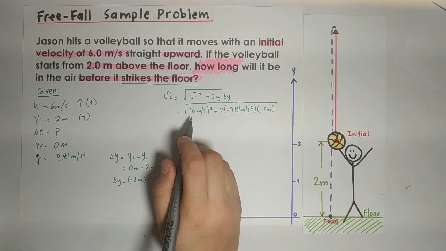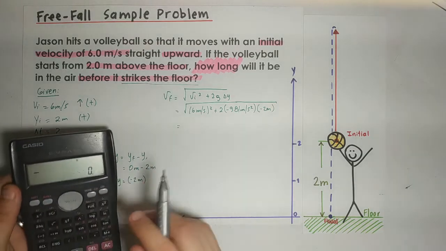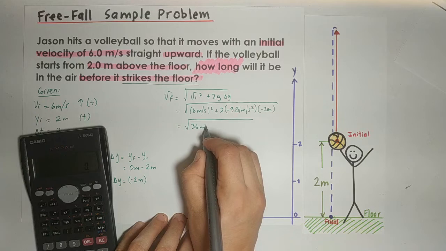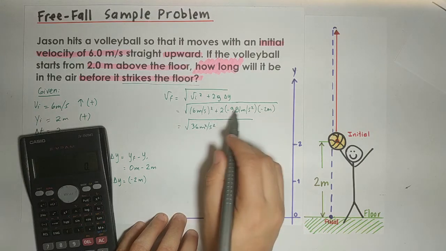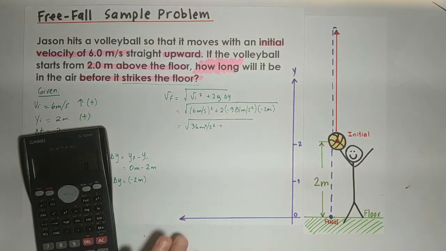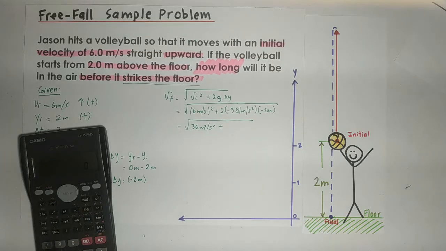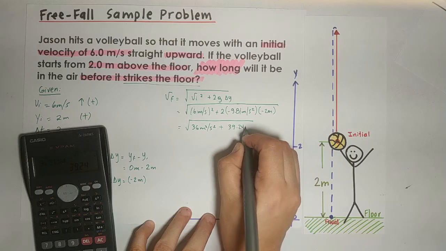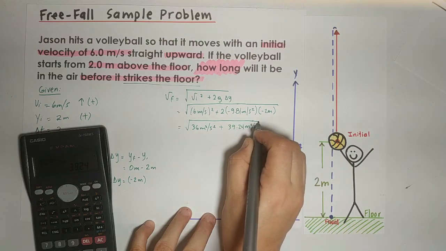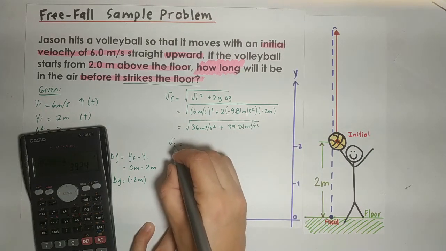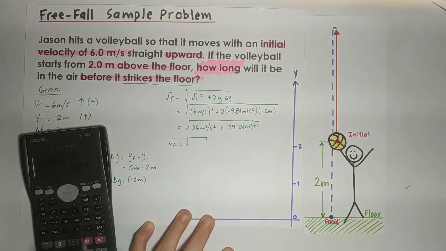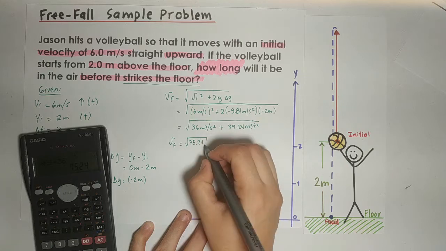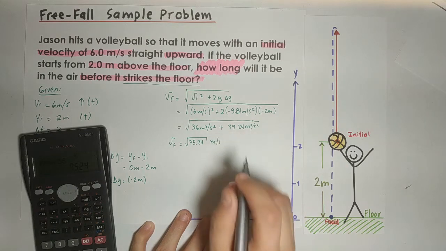If you solve all this, you'll get the square root of 36 meters squared over second squared. Negative and negative will make positive. 9.81 times 4, it's 39.24 meters squared over second squared. Now final velocity is the square root of 75.24 meters over second.